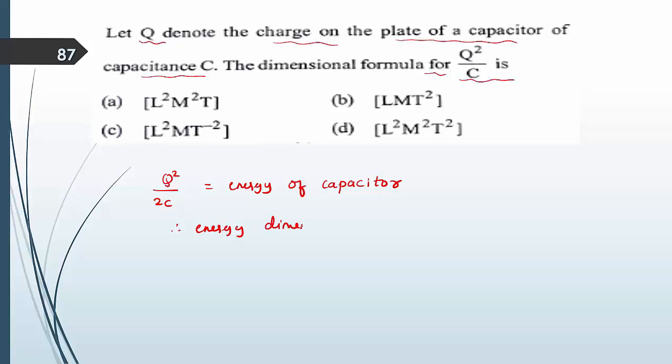Energy dimensional formula is m L square t raised to minus 2. That is q square divided by 2c. So option A is right. Sorry, option C is right.